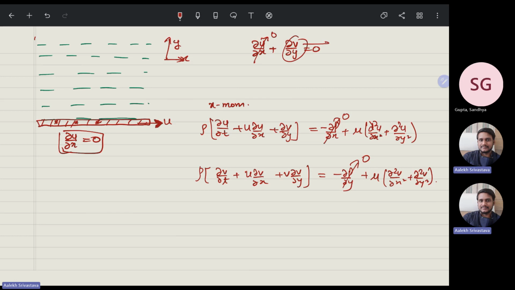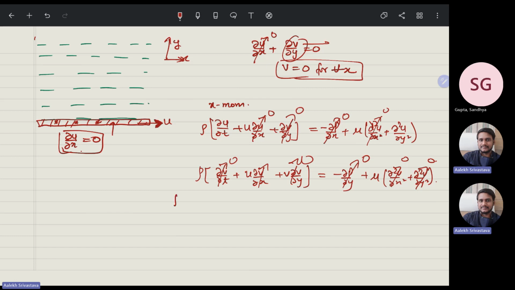And if we apply the no penetration condition, v equal to 0 for every y, for every x, so this term will be equal to 0. Since du by dx is equal to 0, these terms are equal to 0. So if you simply proceed, you will get rho du by dt is equal to mu d2u by dy square.